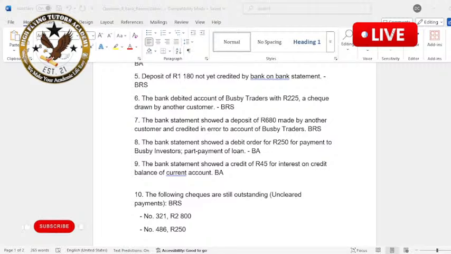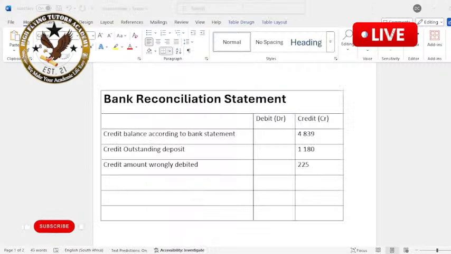So when we fix this one, in our answer sheet right there, we are just going to say debit amount wrongly credited, because they credited us instead of crediting another business.